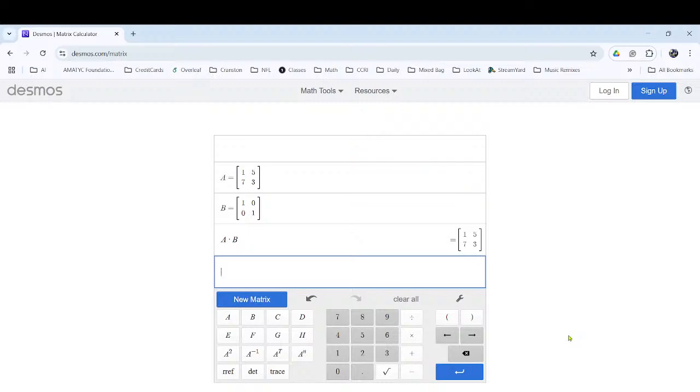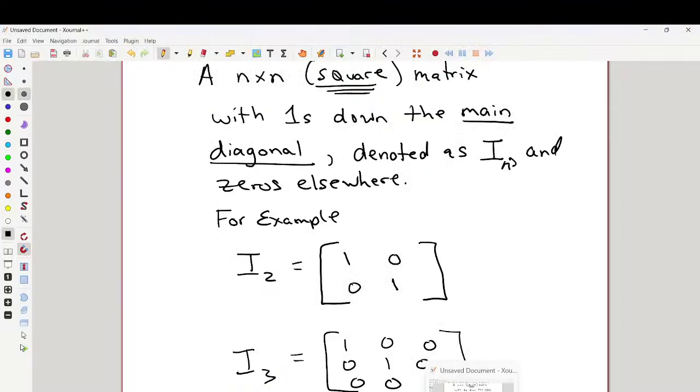But how is this used in matrices? Okay, I'm getting there. So let's use 8 times the identity is 8.